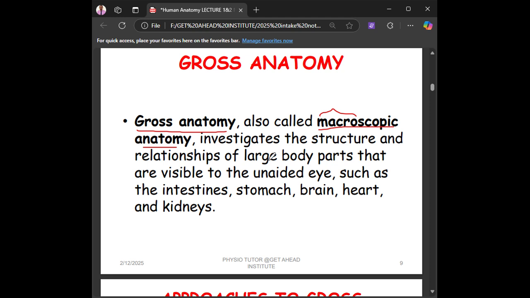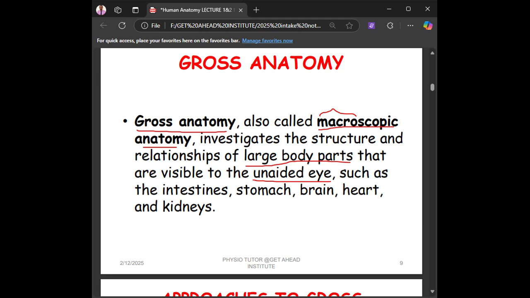It's very important to take note that this has to do with large body parts that we are able to see with our unaided eye, with our naked eye. For instance, the intestines, the stomach, the brain, the heart, etc. You're able to see them without putting on anything that will help you see them vividly because they are big enough.